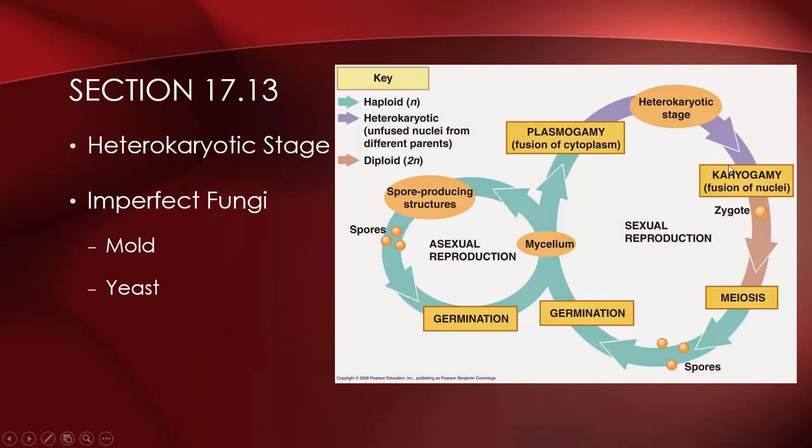That's this over here. Afterwards, you get a normal zygote. You undergo meiosis from that zygote, making brand new gametes, and life continues as usual.